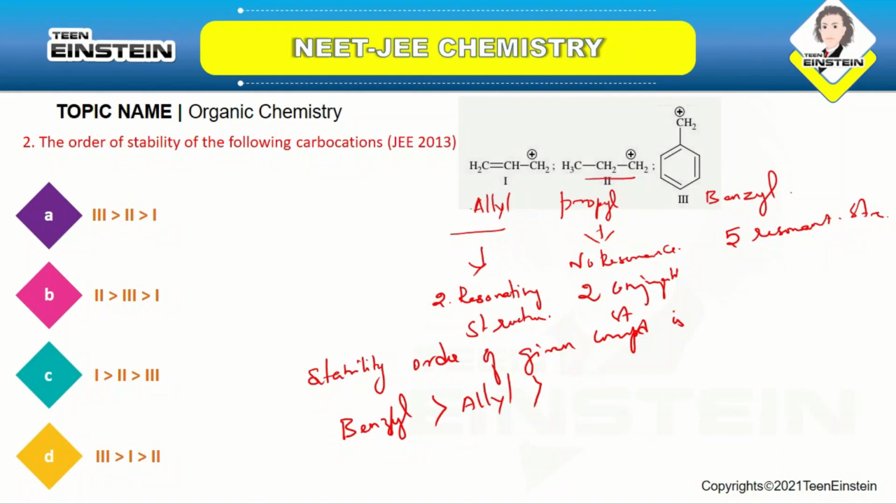The least stable is the propyl group. So 3, 1 and 2. So the correct order of the stability of the given carbocations is 3, 1 and 2. So the correct option is option number D.